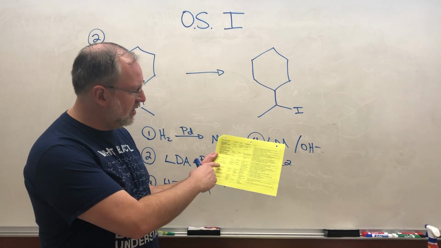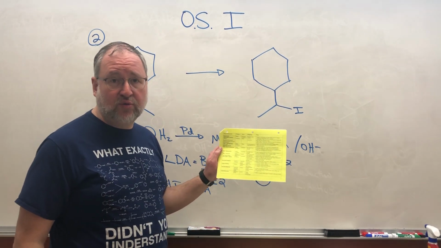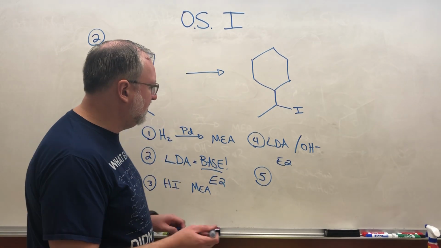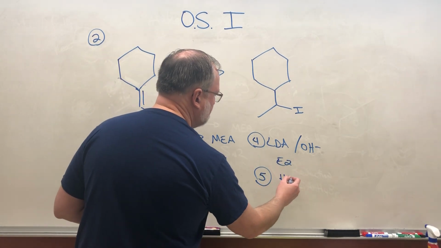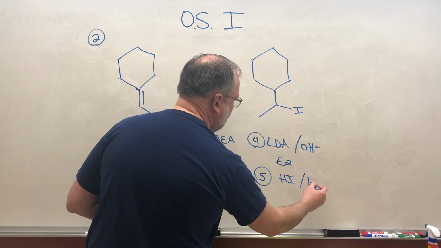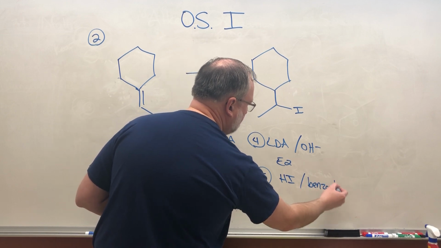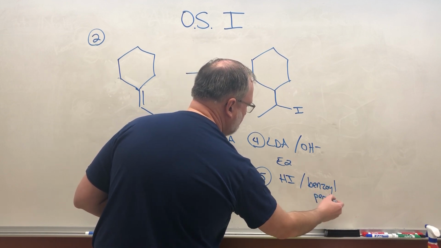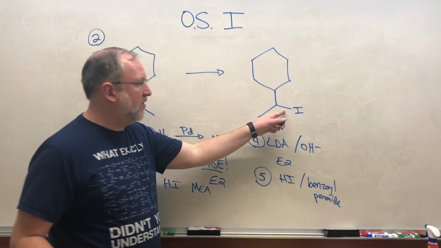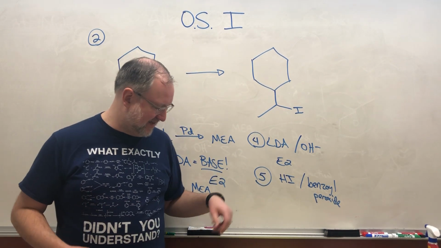So if you check this out, this is the middle of page 2 on your big giant free gift. If you add, in this case, HI and some sort of radical initiator, like benzoyl peroxide, you'll get the anti-Markovnikov product, the one that looks like that.